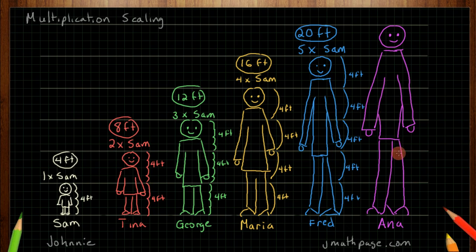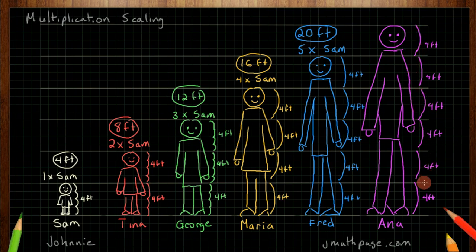We also know that Anna is 4 feet tall, and another 4 feet tall, and another 4 feet tall, and another 4 feet tall, and another 4 feet tall, and another 4 feet tall.